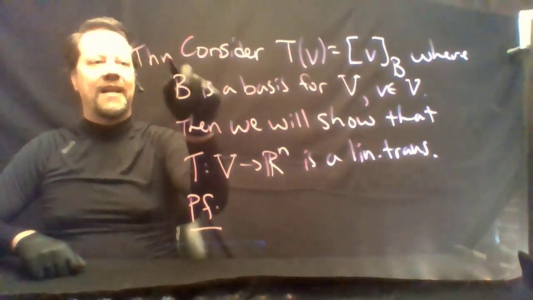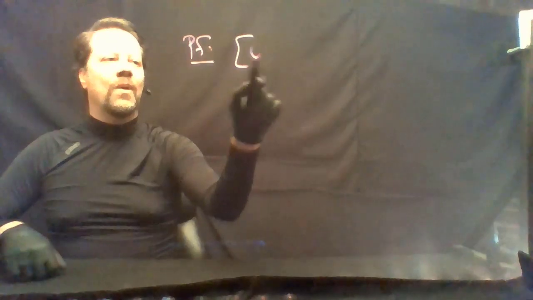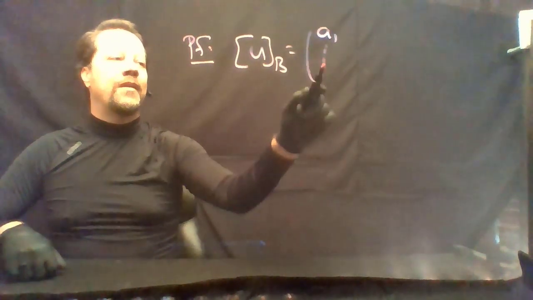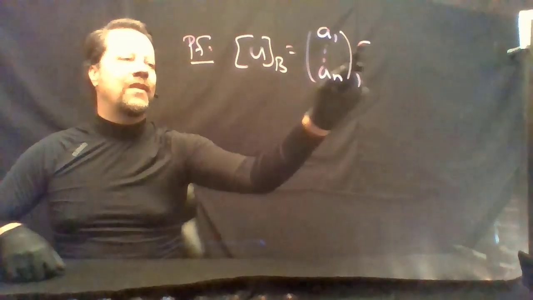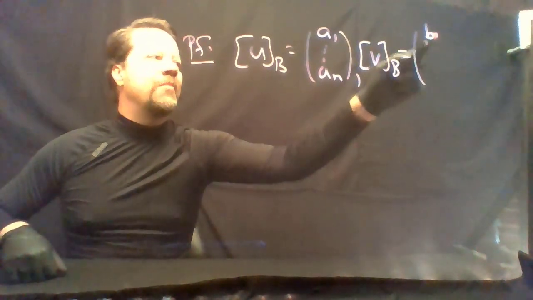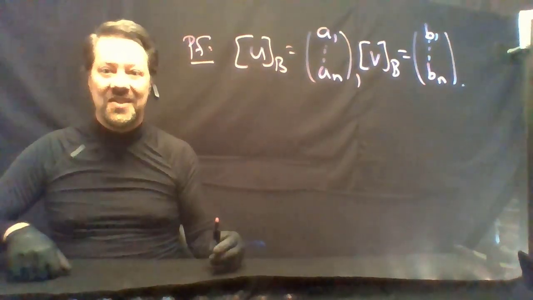This will be a theorem. In our proof, we'll let the coordinates of U relative to a basis be A1 through An, and the coordinates of V relative to the same basis be B1 through Bn. Then what does that mean?